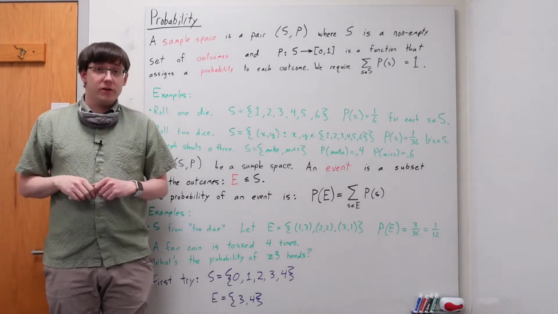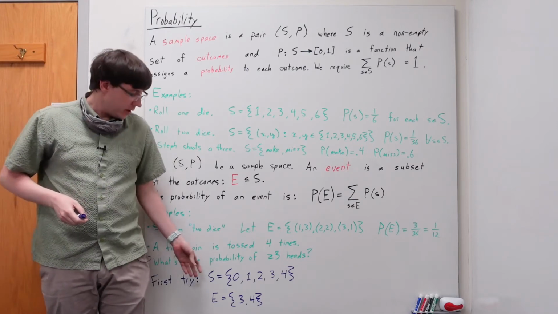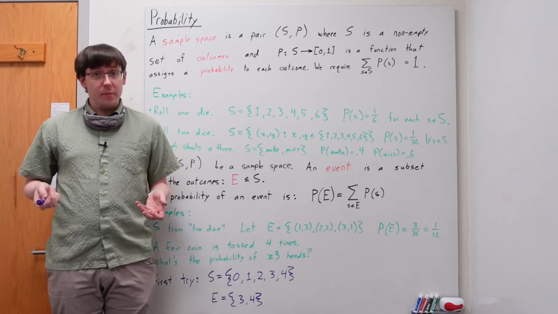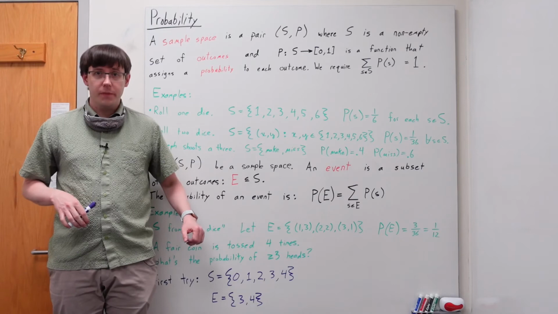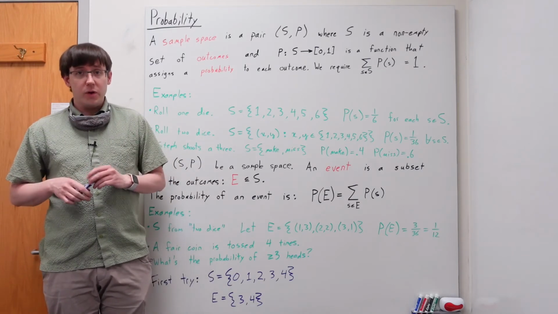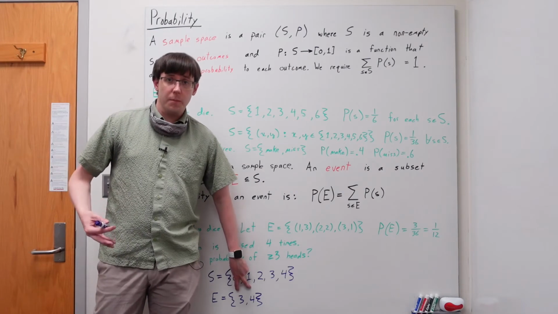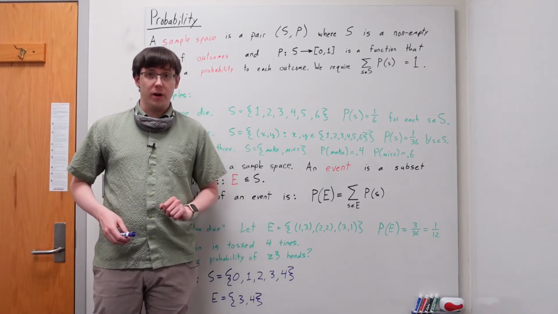A natural thing to try first would be to have the outcomes be the number of heads that came up across the 4 flips, and that could range from 0 to 4. And then our event would be the outcomes 3 or 4, and we could add up the probability of those 2 outcomes.